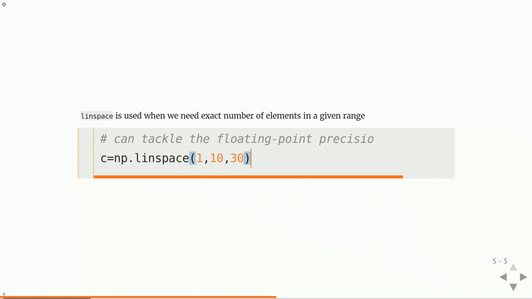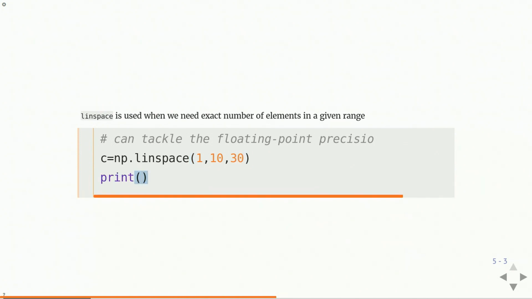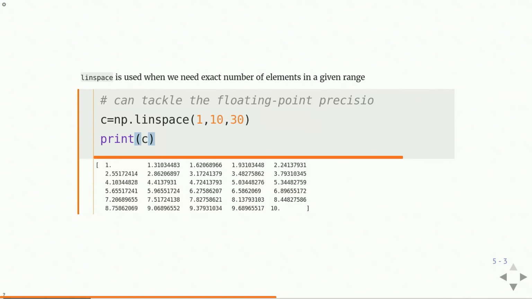This will have the effect of having 30 equally spaced points sampled from 1 to 10. So print c. So here it is. It's also important to mention that the endpoint will be included in linspace, but not included in arange.